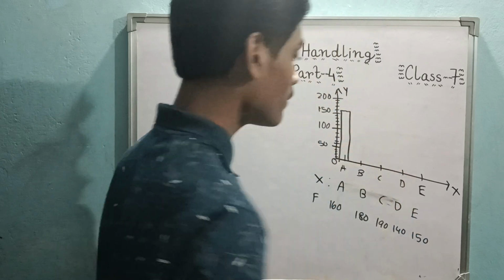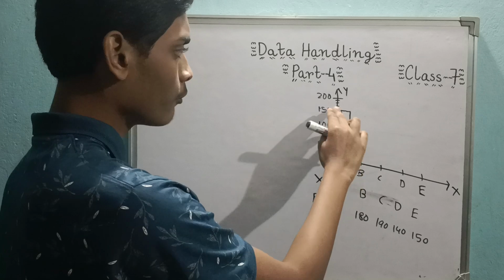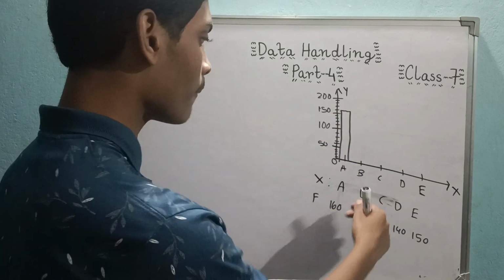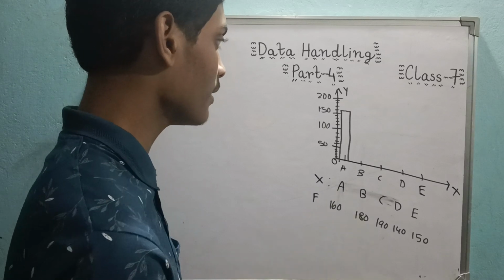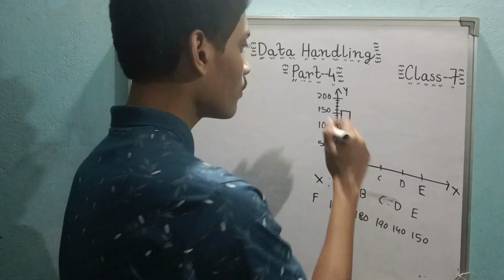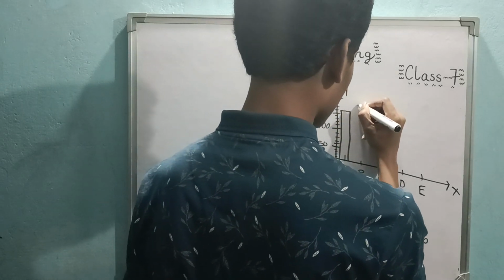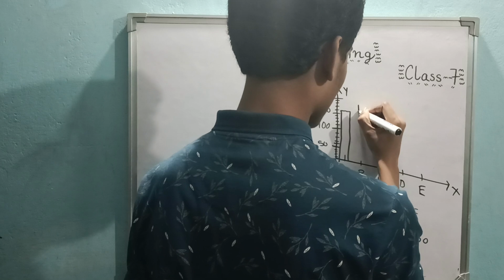The apex of the bar is the respective frequency of the data value. That's how it is formed. Similarly for B, my frequency is 180. So I have to check 150, 160, 170, 180. Here on top of B, draw the next bar.